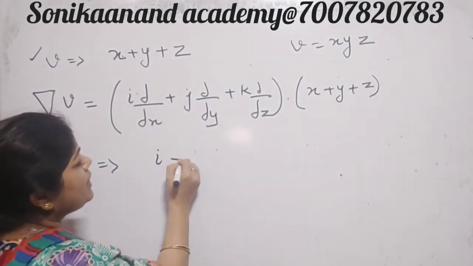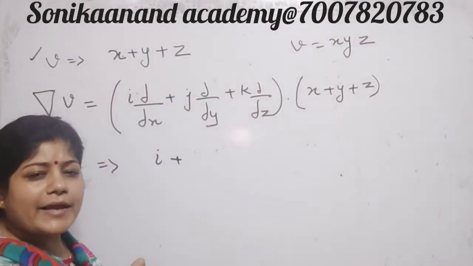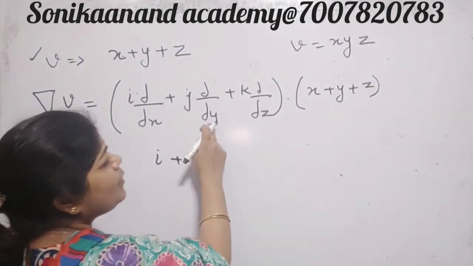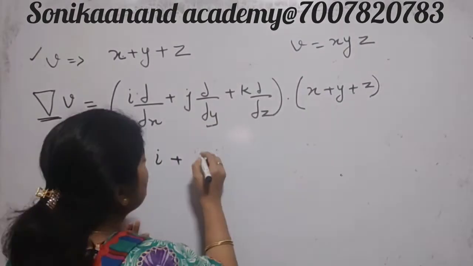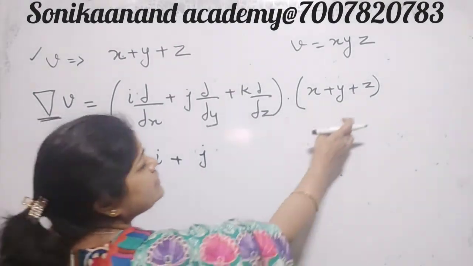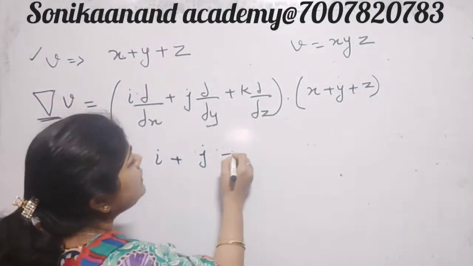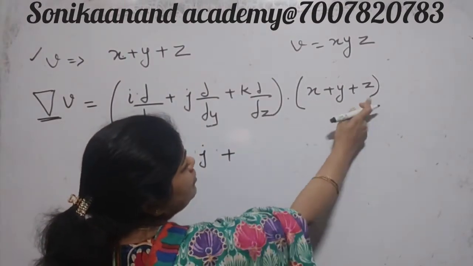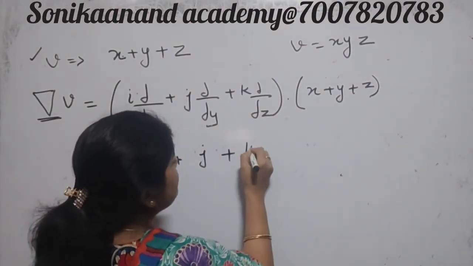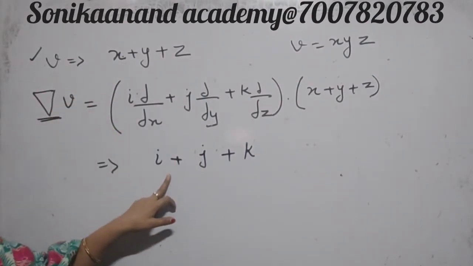Now for the next ones, we have 0 and 0 when we differentiate with respect to x. Now for y, the first is 0 but this is 1 and it is multiplied by j. And for this term, z, it is 0 again. Now the third term, the first two are 0 but this is 1 and we get k. So this is the value of the gradient for this vector.